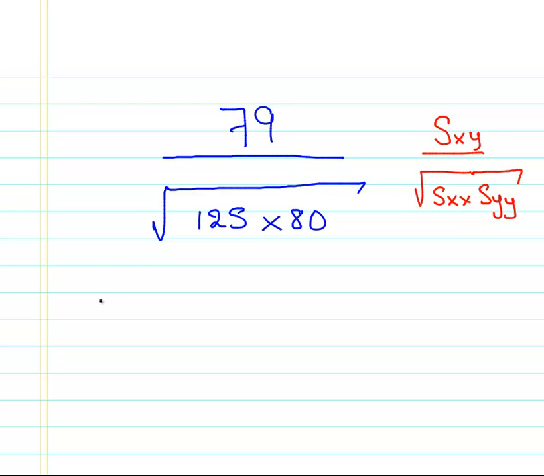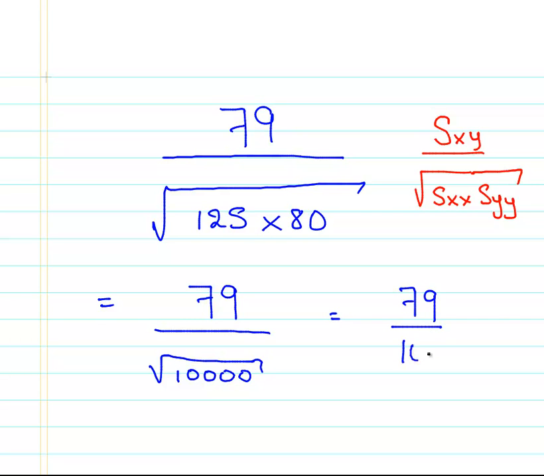Let's calculate that out. So 79, that's left alone. This is the square root of 125 times 80. That's actually 10,000, so just be careful with those numbers. The square root of 10,000 is just 100.